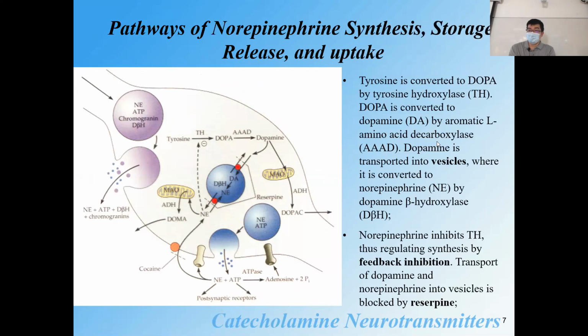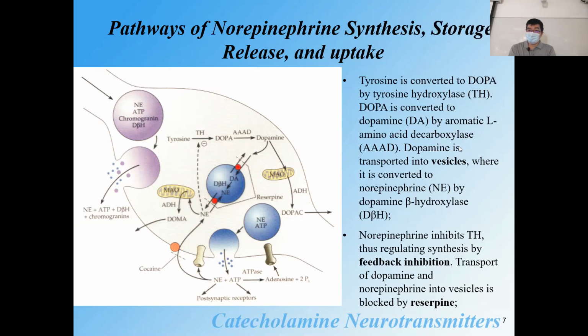Okay. So tyrosine is converted to DOPA. The DOPA is converted to dopamine by aromatic L-amino acid decarboxylase. So there are different names.